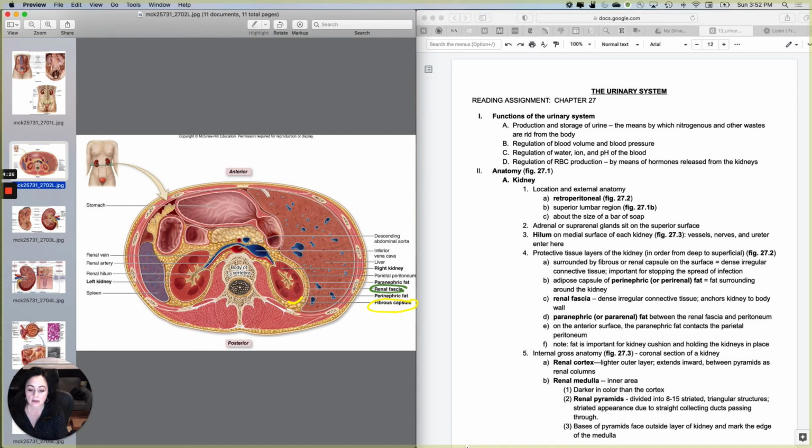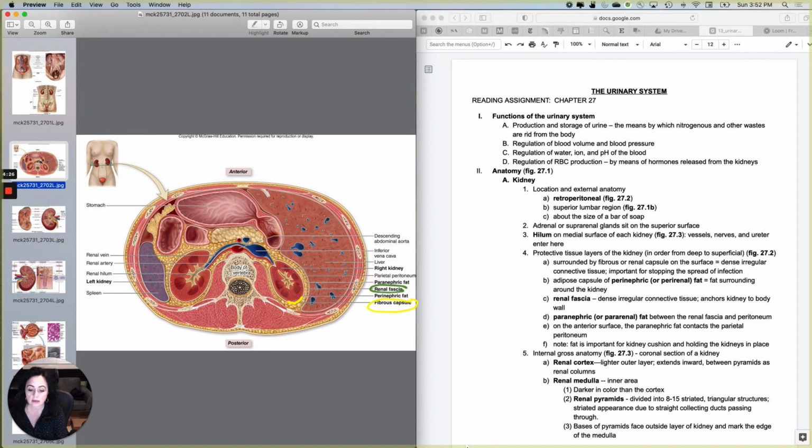And this thicker layer of fat is called the paranephric fat, and it's here, going all the way around. The paranephric fat is the layer of fat that's a little further away from the kidney. And then superficial to the paranephric fat is going to be the parietal peritoneum.